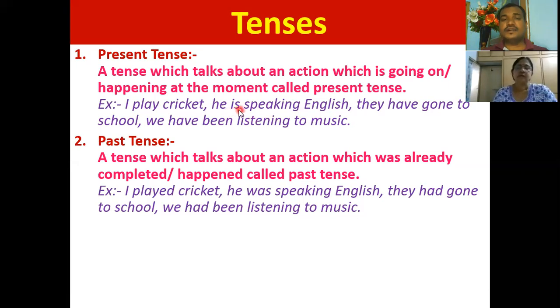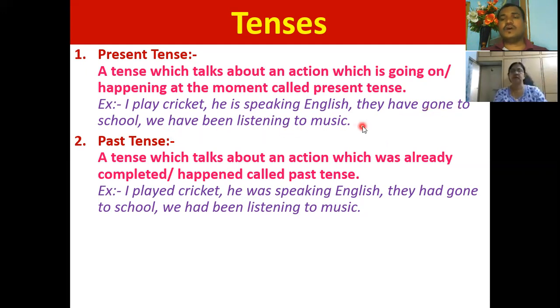In the second example, he is speaking English. Here is talks about third person singular, and it is present continuous. Whereas in the second example, he was speaking, it is past continuous. In the third example, they have gone to school.